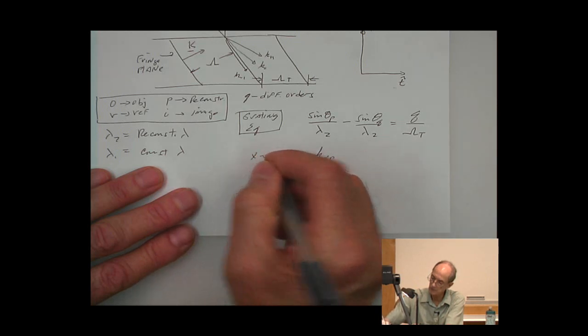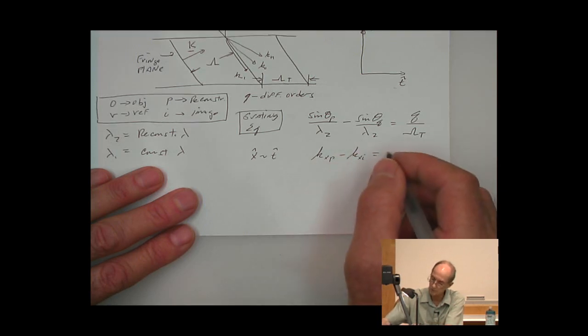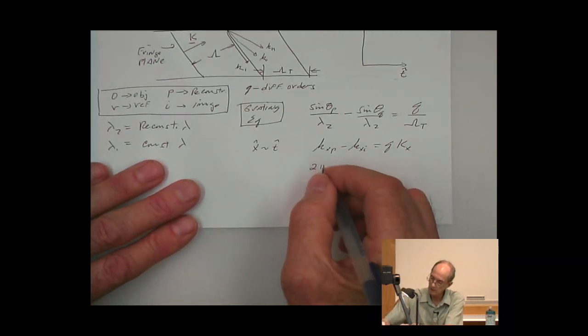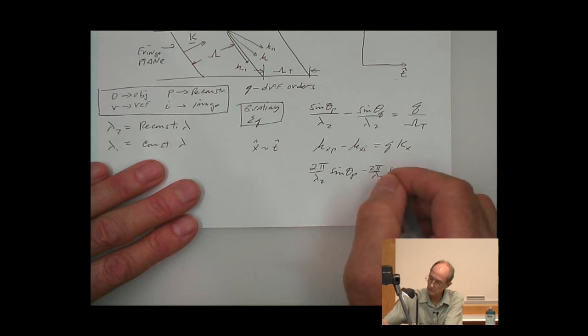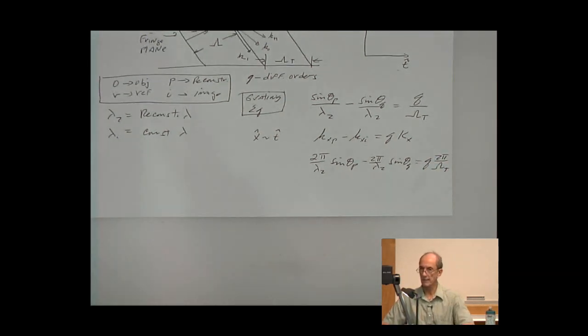Say if x is along this tangential direction, then we can have Kxp minus Kxi equal to q times Kx, the x component, or that's equal to 2 pi over lambda 2 times sine theta p minus 2 pi over lambda 2 sine of theta q is equal to q 2 pi over the capital lambda t for the tangential grating period.